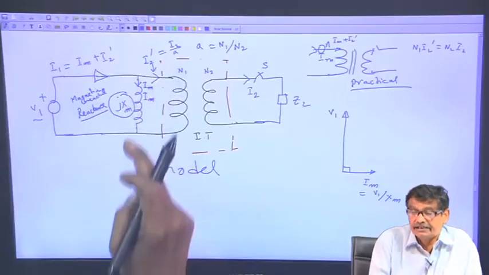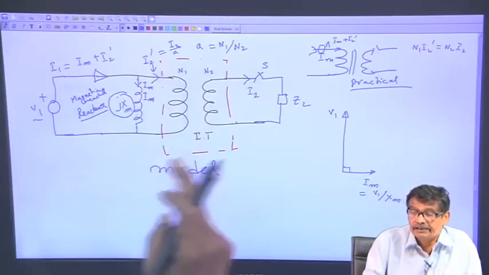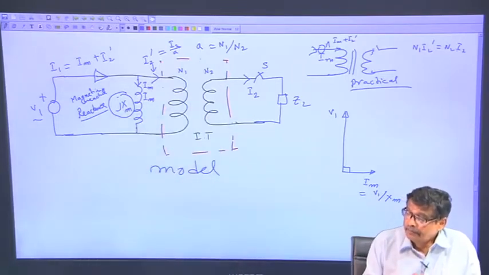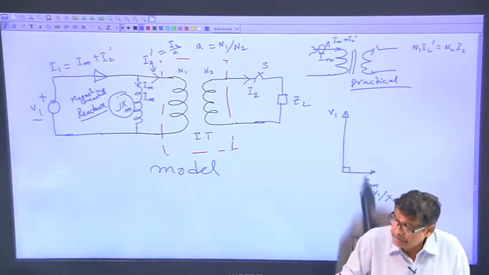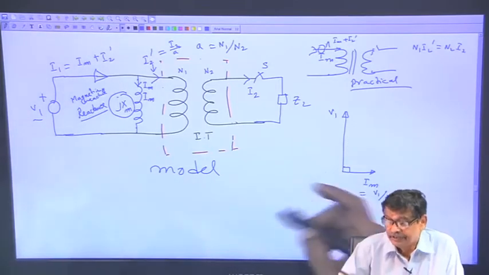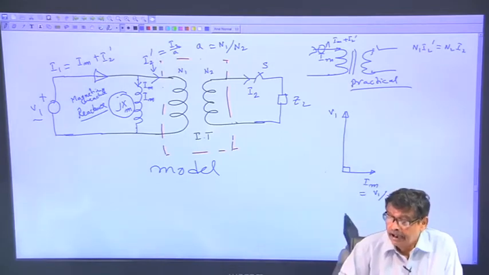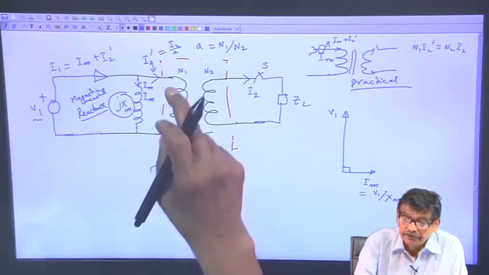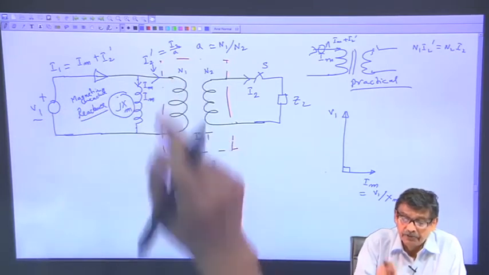So, this is a reactance, this is an ideal transformer and it correctly models it. So, V 1 and I m I have drawn. Then I am completing the phasor diagram once again. Suppose this is V 1, the applied voltage to the ideal transformer is V 1.